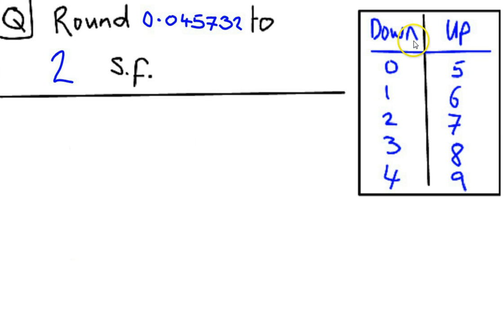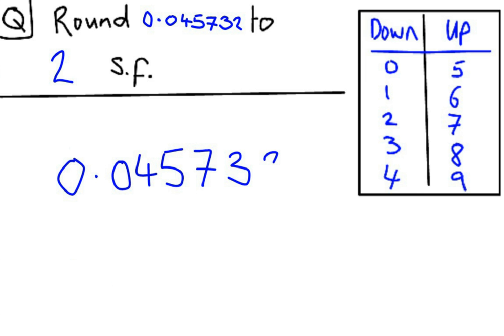Okay, let's look at one more. The second example here is asking us to round 0.045732 to two significant figures. So as before, I'm just going to write out 0.045732. We need to determine, reading from left to right, what is our first most significant figure, and we're going to start counting from there.